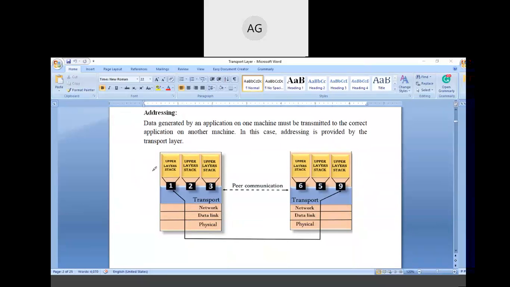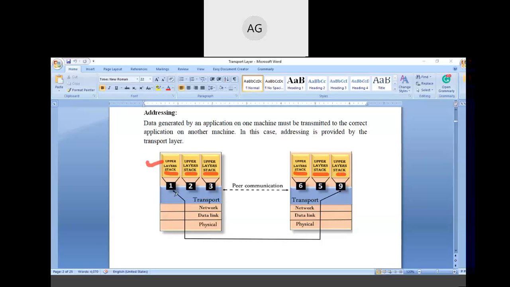These are basically the application layer services. On the left side, there are three application services like 1, 2, and 3. And on the right side, at the receiver's part, there are three services, 6, 5, and 9.